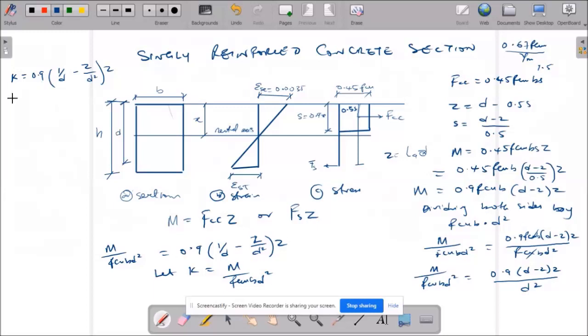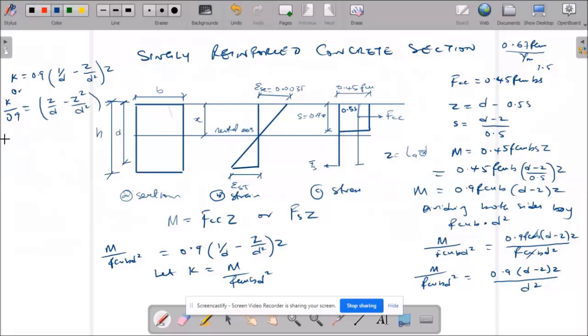So we expand this. We can divide both sides by 0.9. K over 0.9 will equal to, to expand this, we have Z over D minus Z square over D square.